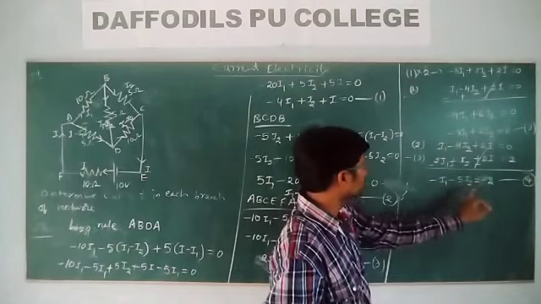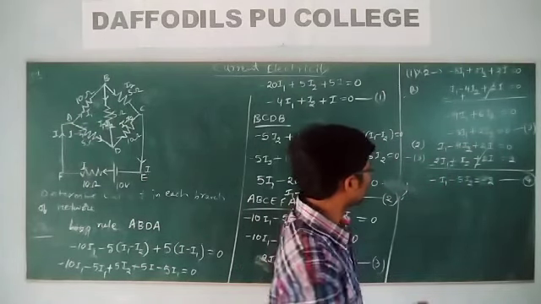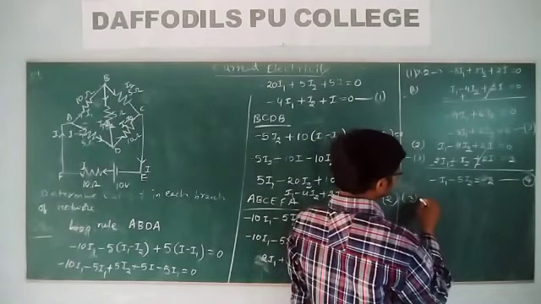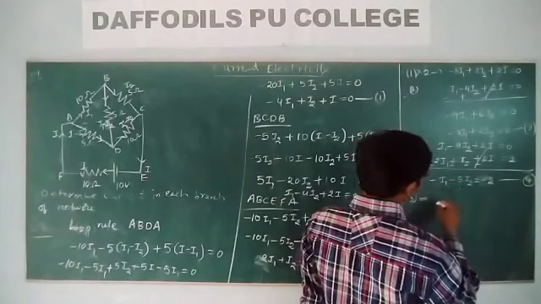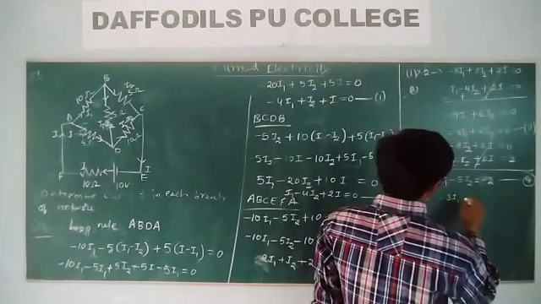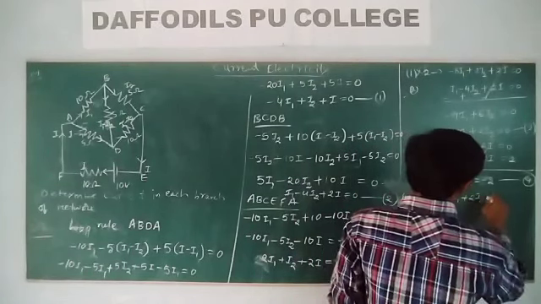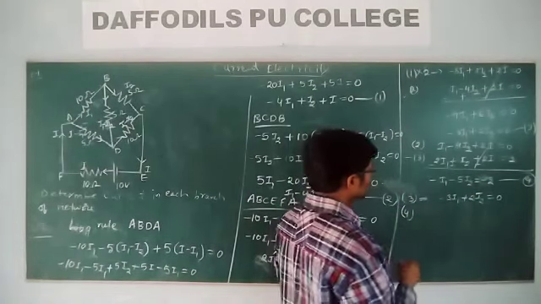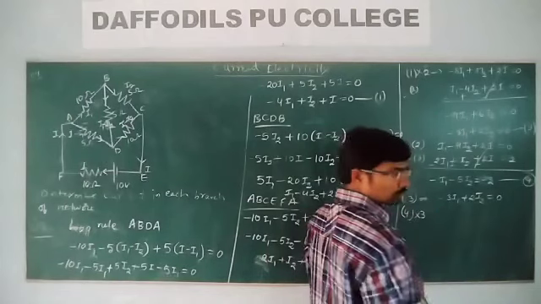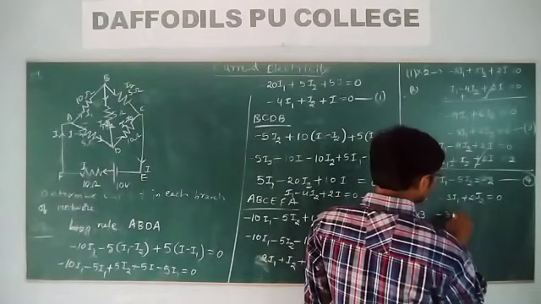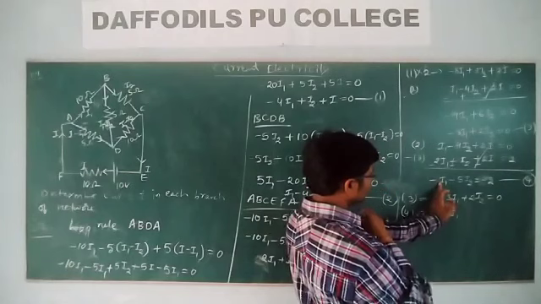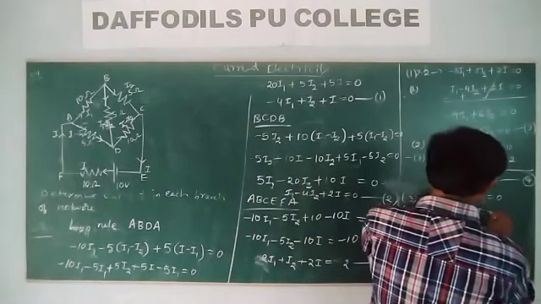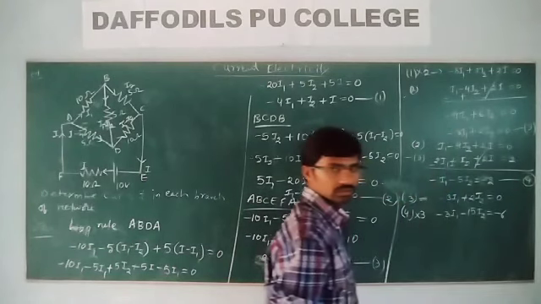Now again from equations 3 and 4, let us multiply. The third equation implies minus 3I1 plus 2I2 is equal to 0, whereas the fourth equation, multiplied by 3 on both sides, gives minus 3I1 minus 15I2 is equal to minus 6.